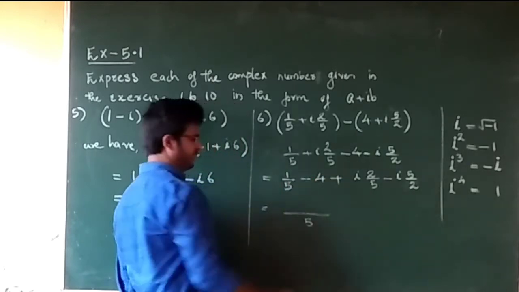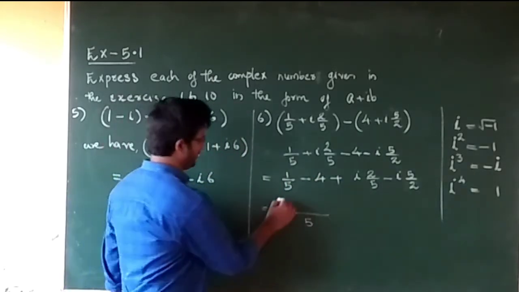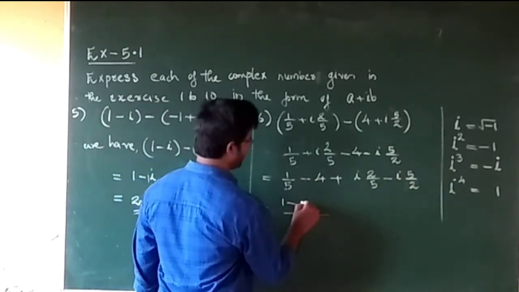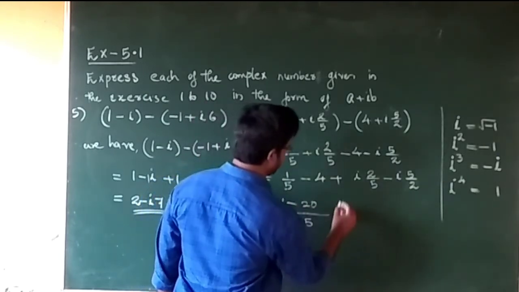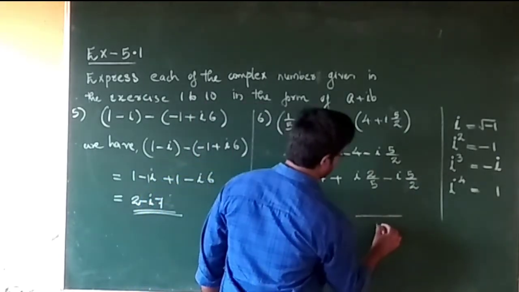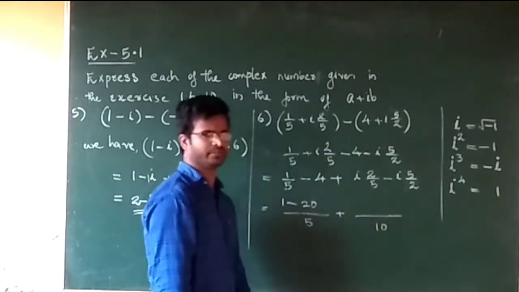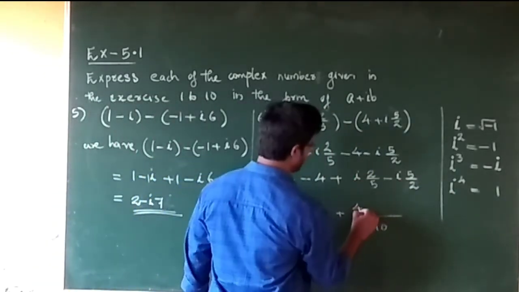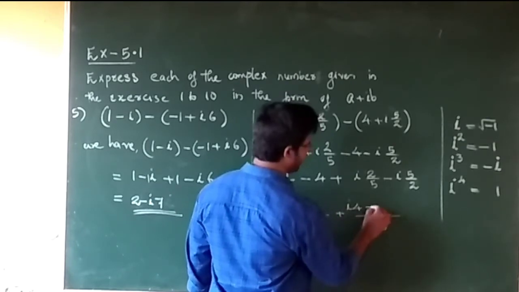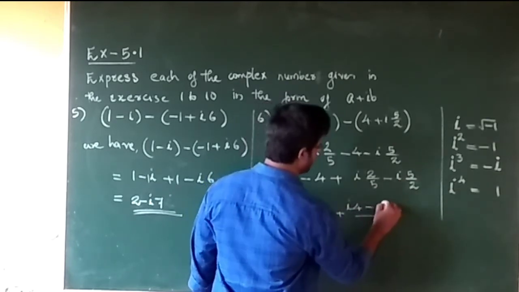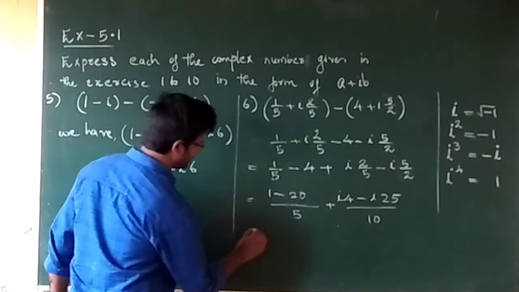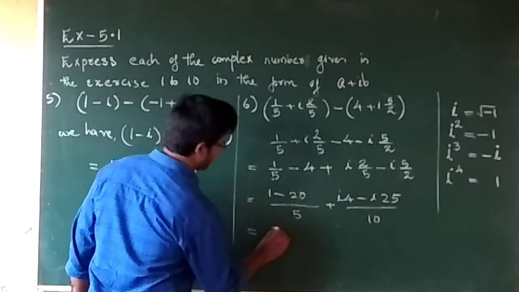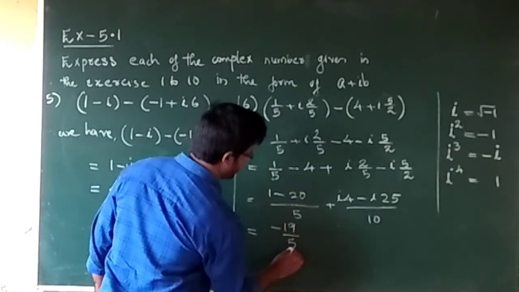Take the LCM in the real part, that is 5. 1 minus 5 into 4, 20. And here, taking the LCM, 5 into 2, you will get 10, isn't it? Then 2 into 2, 4i, then 5 into 5, 25. 1 minus 20, minus 19 divided by 5.